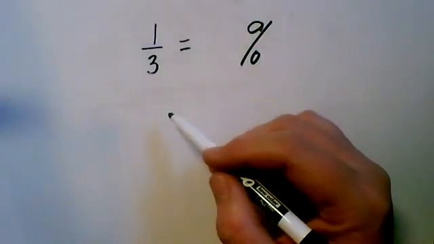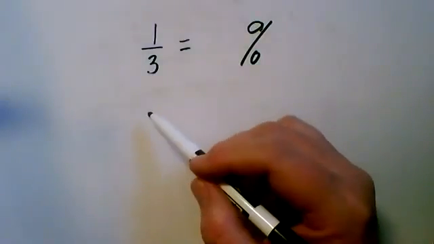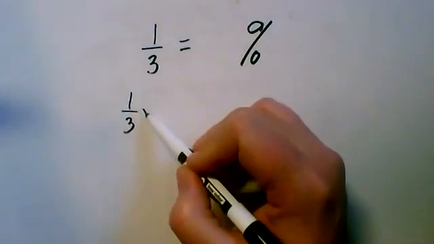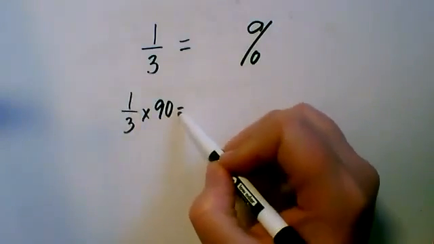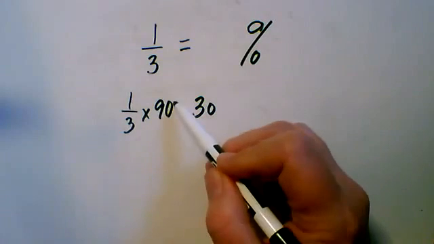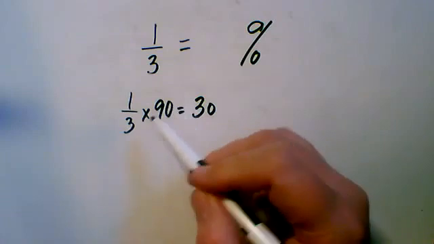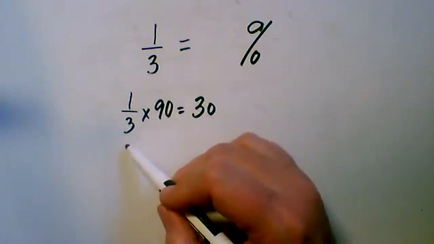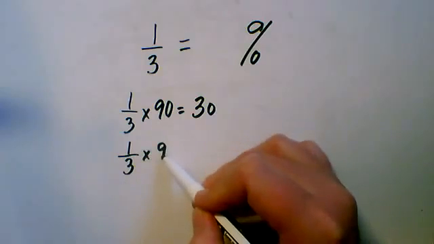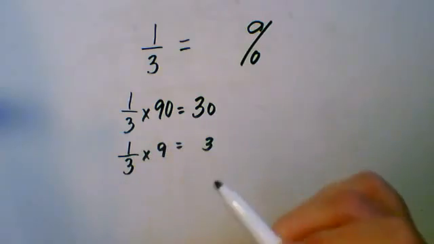One way you could think about it is that 1/3 of 90 is 30. And how much more do you have to get to 100? You need 10, right? So then the easiest way to figure that out is 1/3 of 9 is 3.